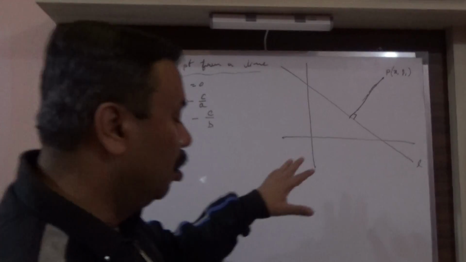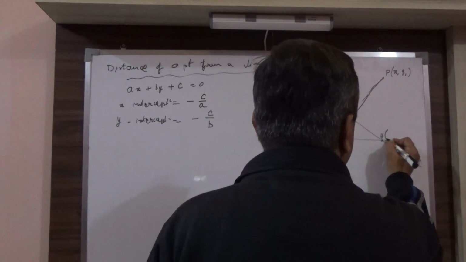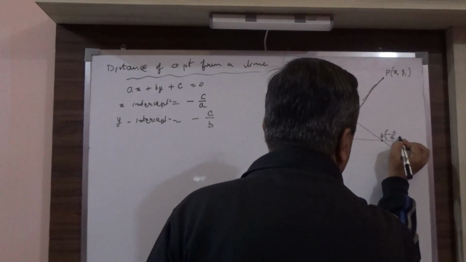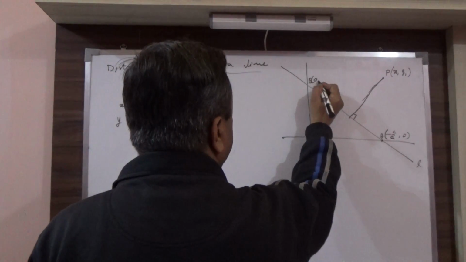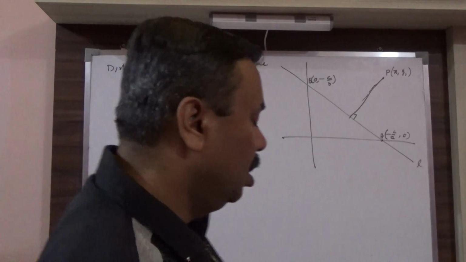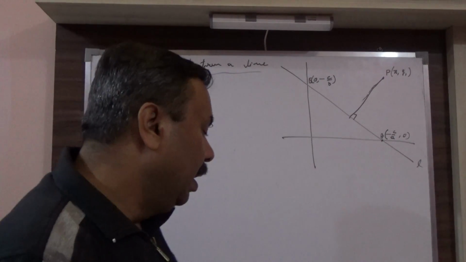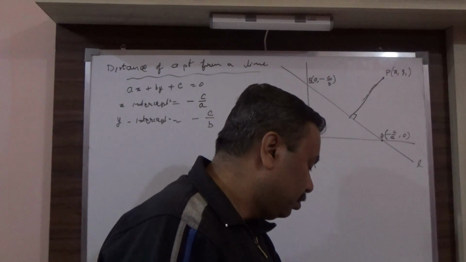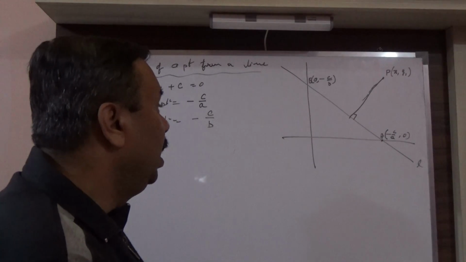So if I know this, that means if this point of intersection is A, I can say its coordinates will be minus c over a and 0, and if this is point B, then its coordinates will be 0 and minus c over b. Okay, so from this I can find the intercepts. Now you see, what will be the area of triangle PAB?